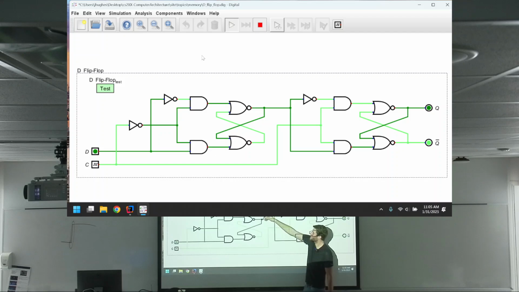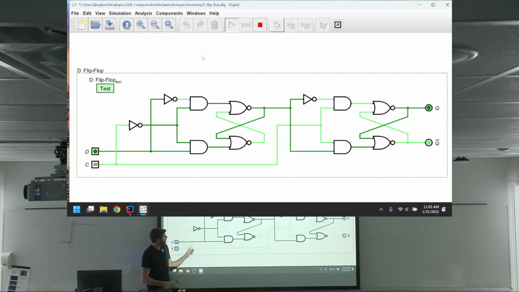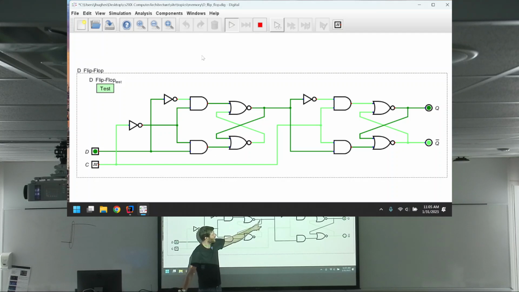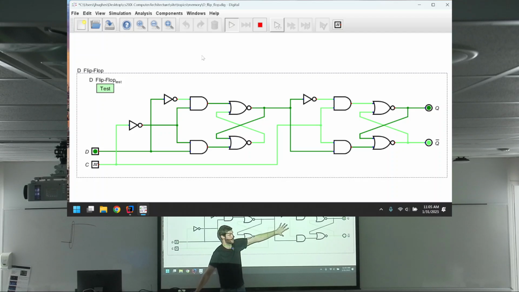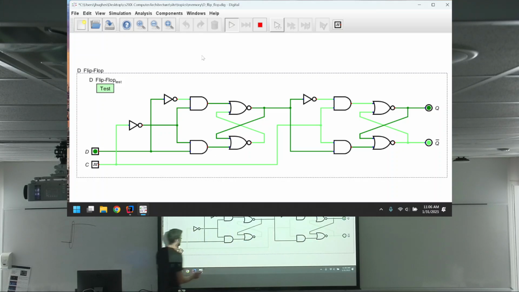But the value of this can change a bajillion times, I don't care. But the moment this goes high, which it is now, this latch gets deactivated, meaning the value here can't change anymore, and the value here is what leads into this circuit, the D value, meaning it can change, but it can only ever change based on what this was, not what this currently is. And this could be flashing a bajillion times, it doesn't matter. I think that's pretty cool.